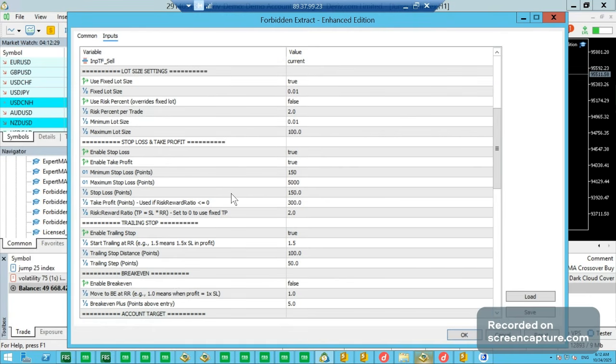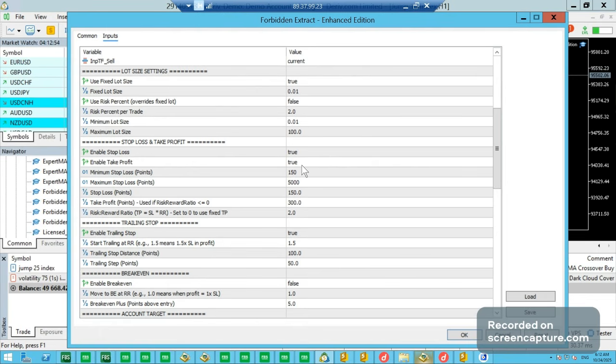So for our stop loss and take profit, we have enable stop loss and enable take profit. Now, if you set enable stop loss to true, that means there's going to be a stop loss that the EA will set up for you. And if you enable take profit, it's going to set take profit as well.